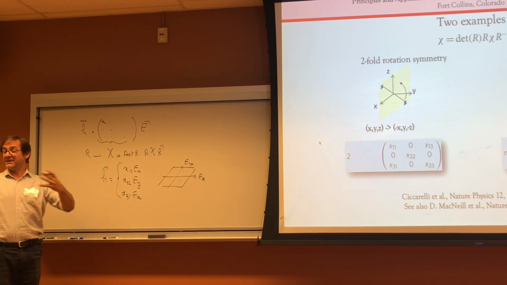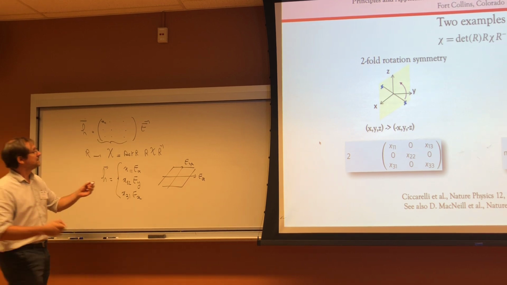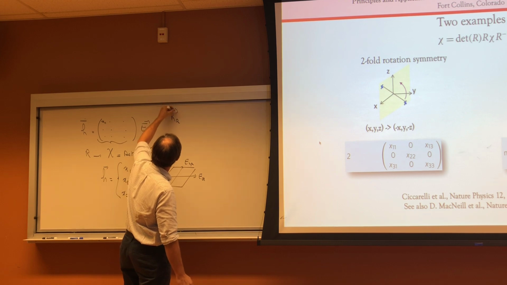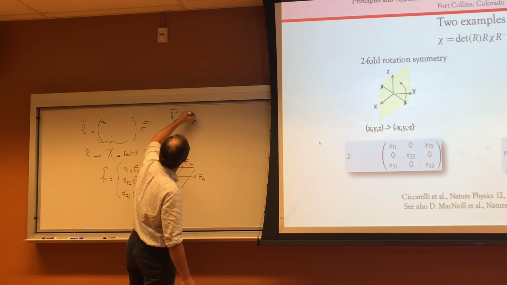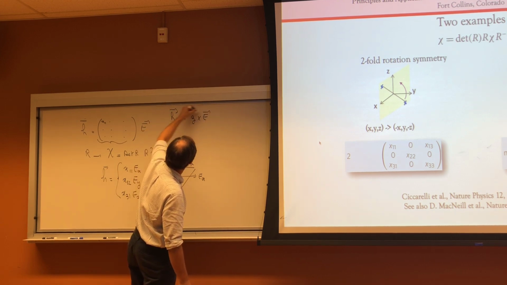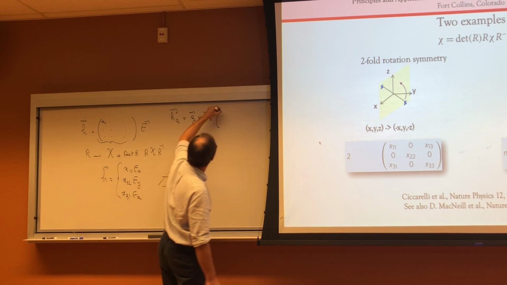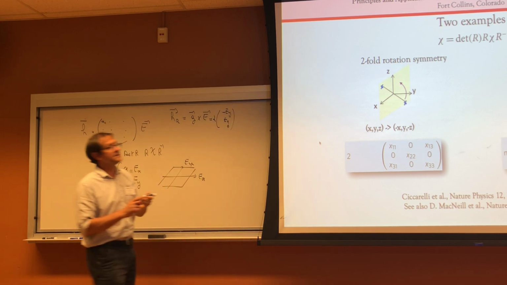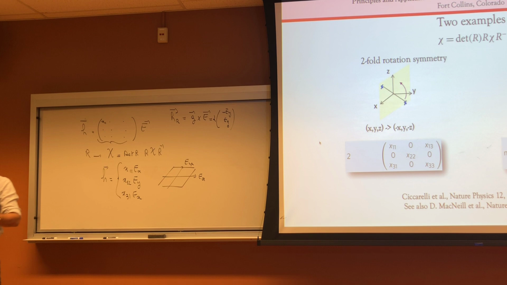So I can have some very unusual behavior. I just remind you that the Rashba field, if you take this inversion symmetry breaking, should be something like Z cross E, or some coefficient times minus Ey, Ex, 0.